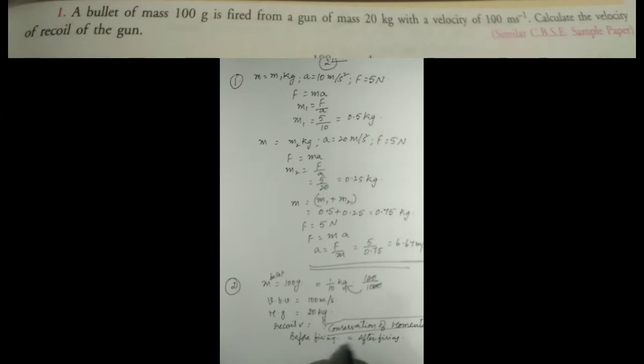Momentum before firing is equal to after firing. So before firing, what will it be? Gun will be at rest, bullet will be at rest, so 0. After firing, what is it?